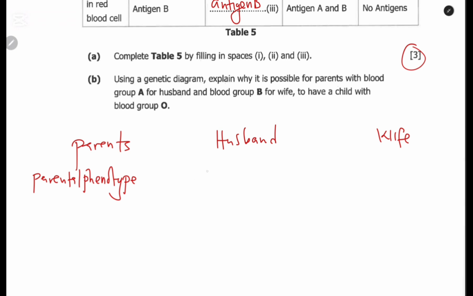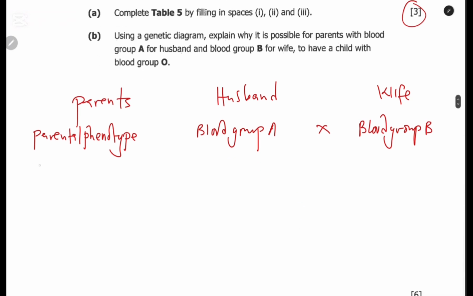So parental phenotype, we said the husband is blood group A. Then wife, blood group B.